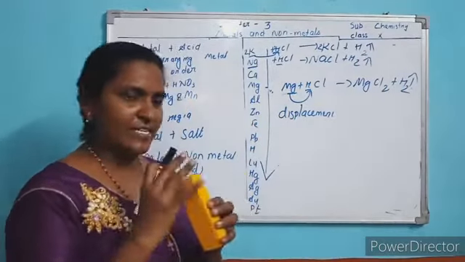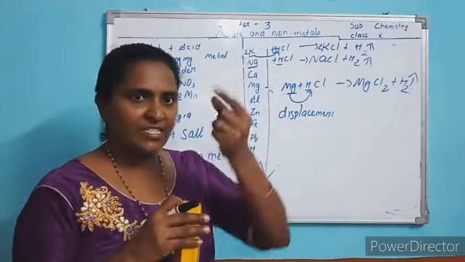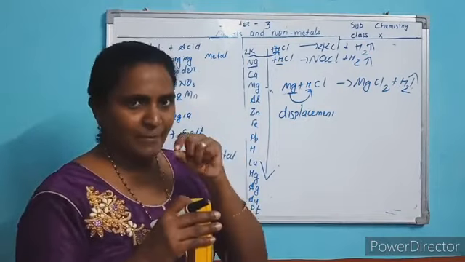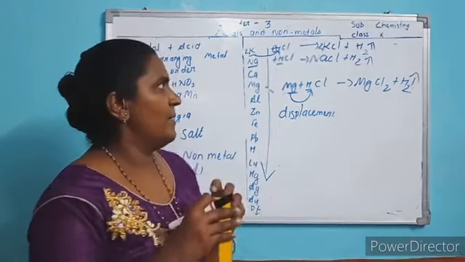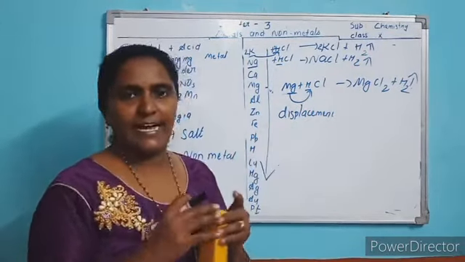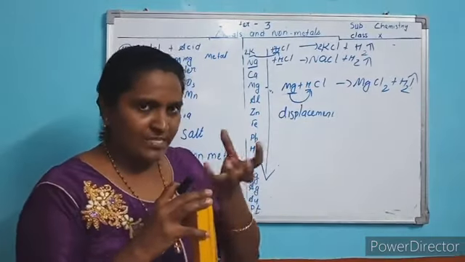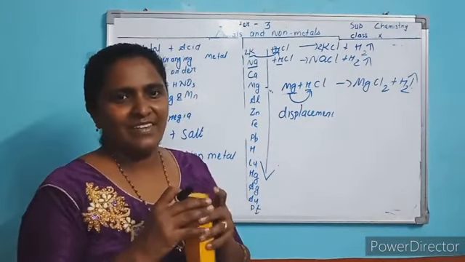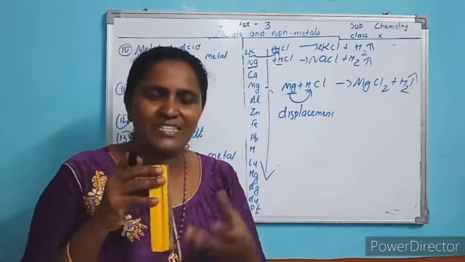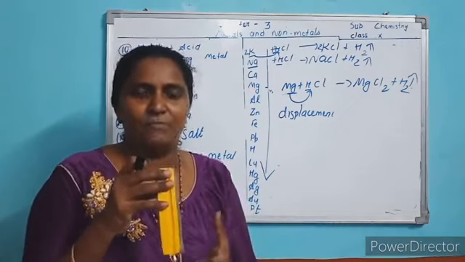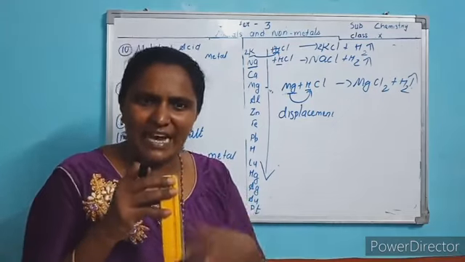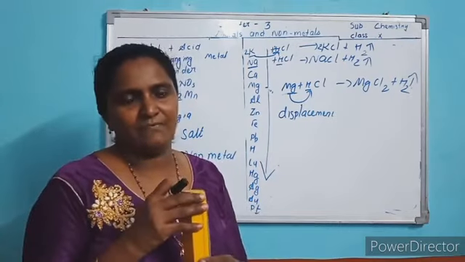Take the test tube in which you take magnesium pieces or magnesium ribbon slices, and add hydrochloric acid. As soon as you add, you can see bubbles evolve in the solution, effervescence we say. That means gas is produced in this reaction.